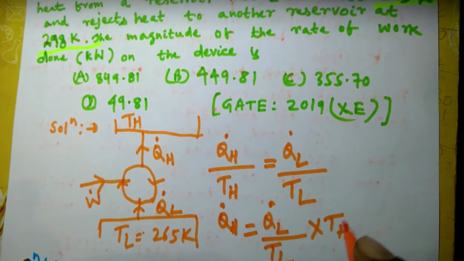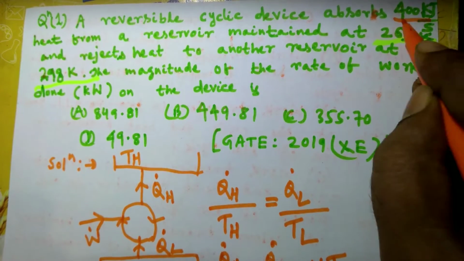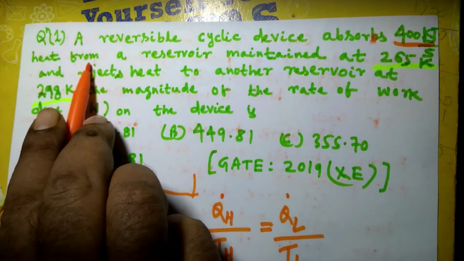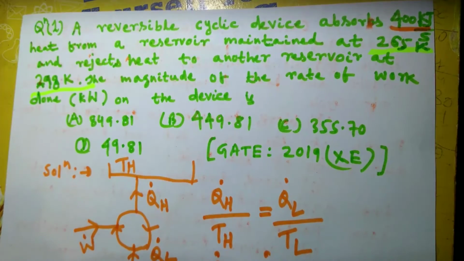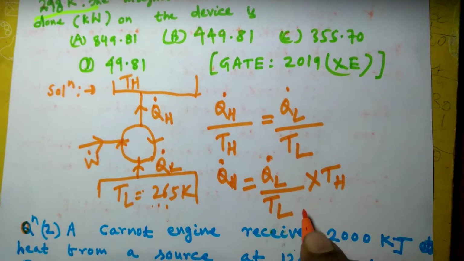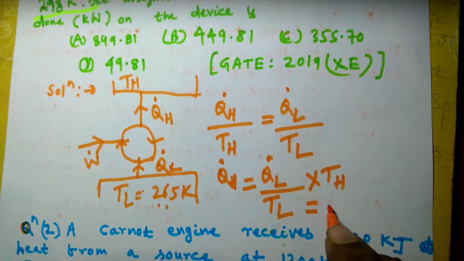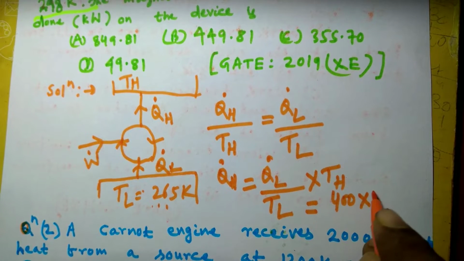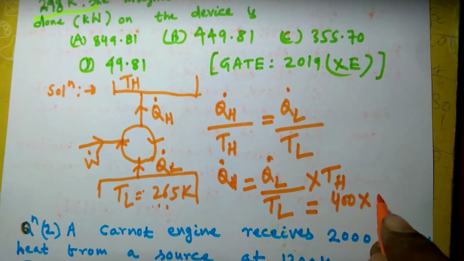Q dot L is given in the question, that is 400 kilojoule per second. Absorbs 400 kilojoule per second heat from a reservoir maintained at 265. This Q dot L is given. So this is equal to Q dot L is 400 kilowatt multiplied by TH divided by TL.